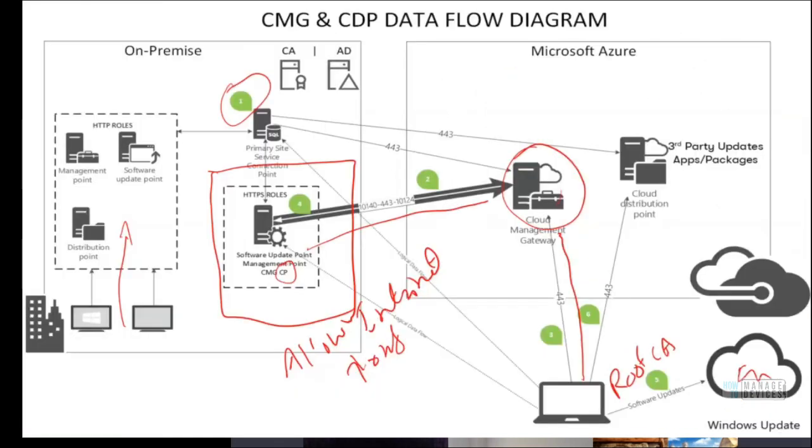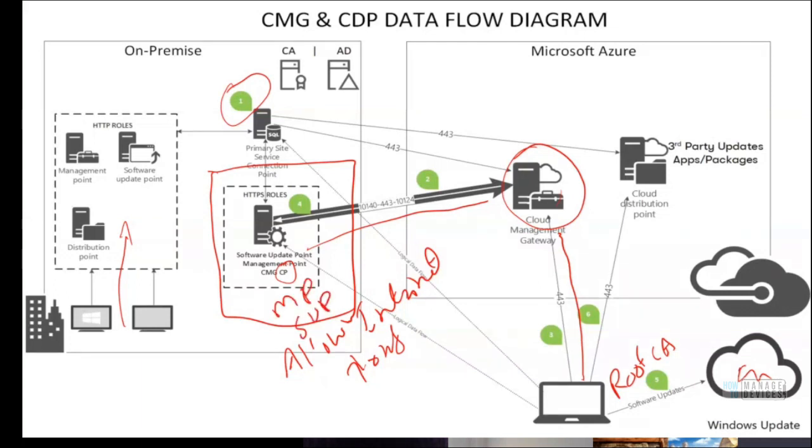Any more questions? Rajul, this is Gopal here. In the same context, if we have an on-prem DP, do we also need to have the cloud DP, or can the on-prem DP also work for the client? No, as of now the on-prem DP will not work, because right now it is only for MP and SUP.